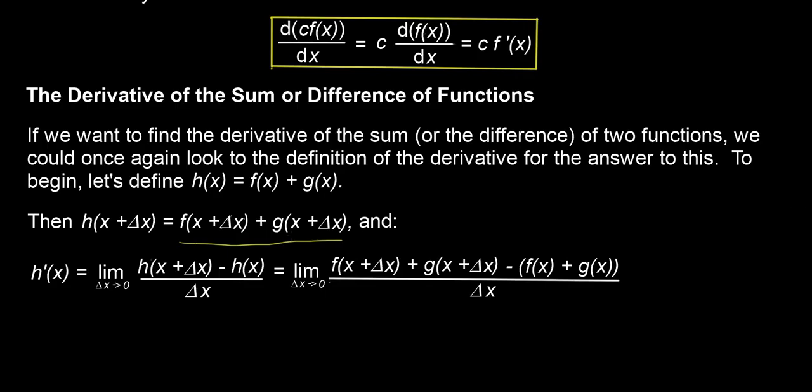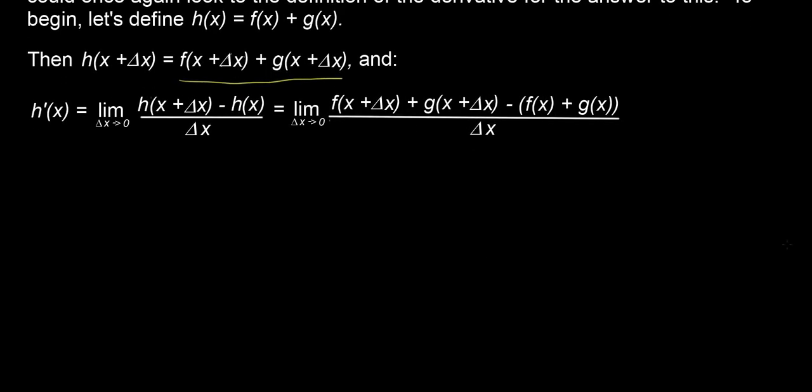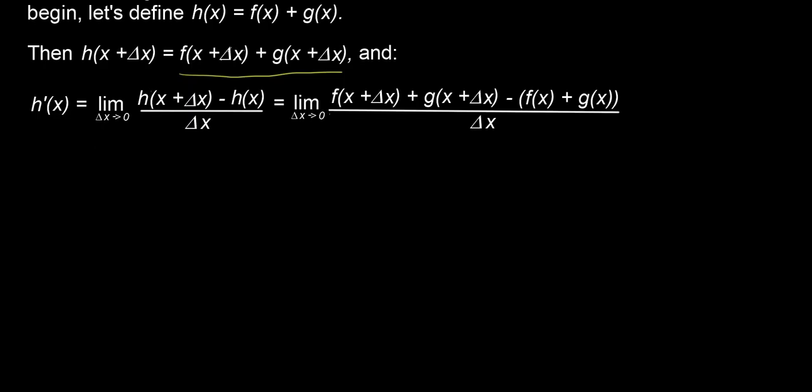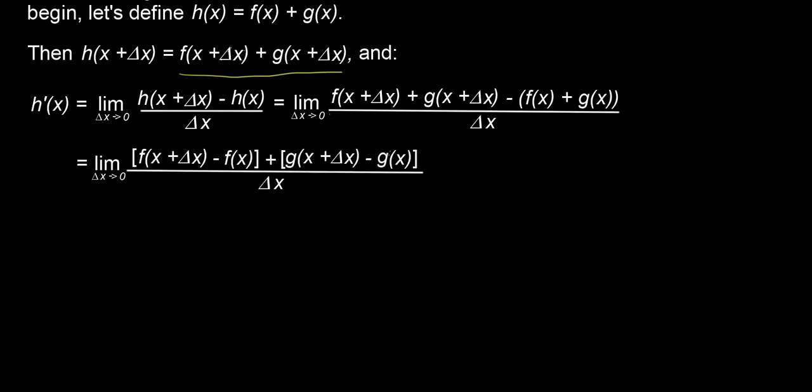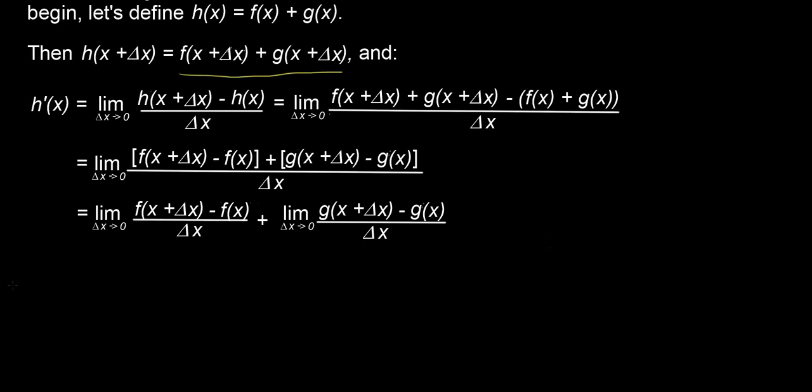The next move we can make in evaluating this limit is some algebra. We can regroup things a little bit in that numerator to give us this. Then we could use some more algebra. We could recognize that it would be the sum of the limits of two fractions: f of x plus delta x minus f of x over delta x, and g of x plus delta x minus g of x over delta x.